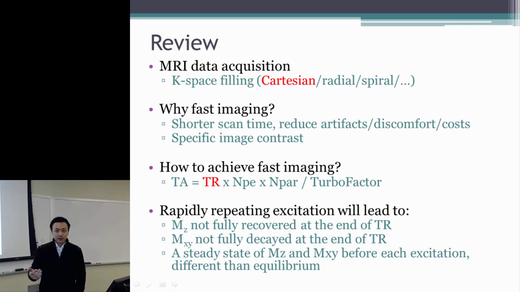And the transverse magnetization does not have enough time to fully decay to zero. So at the end of this short TR, there will still be non-zero, non-equilibrium magnetization before each excitation. This state then becomes the initial state of the next excitation pulse, which is different from the equilibrium.